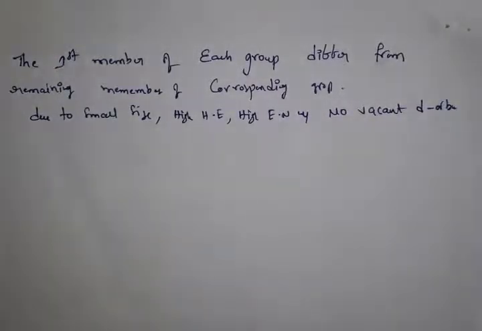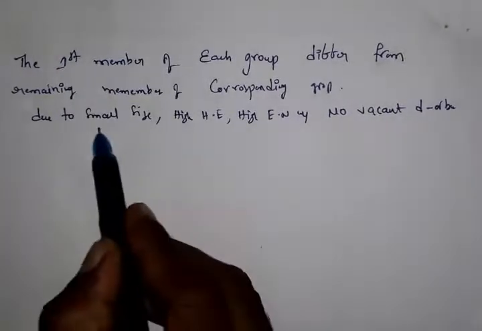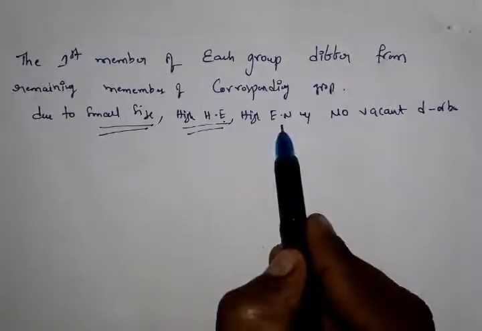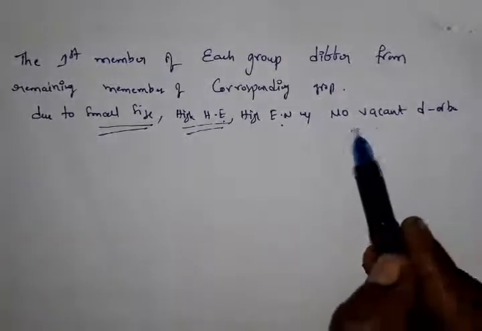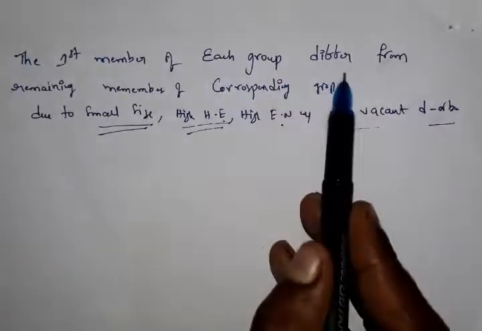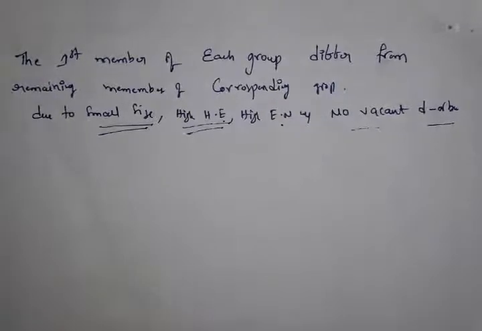The first member of each group is small in size, having high ionization enthalpy and electronegativity and no vacant d orbitals. That's why the first member of each group differs from the remaining members of the corresponding group.